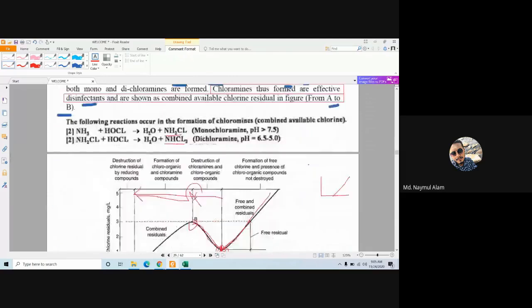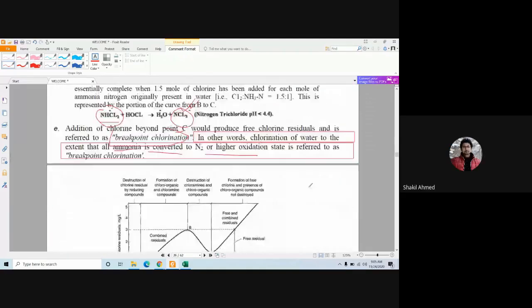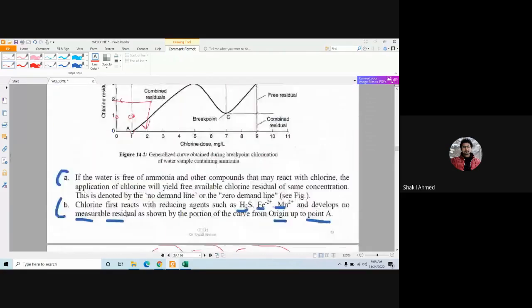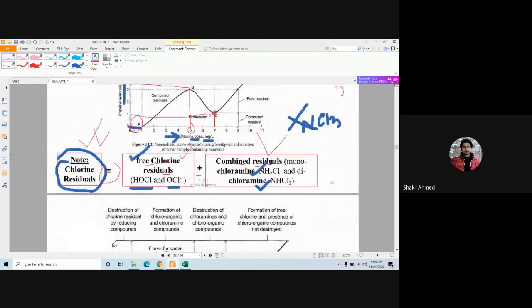So what I was trying to explain here is you have disinfectant as both chlorine residual and combined residuals. The hypochlorous acid and hypochlorite ion, as well as the monochloramine and dichloramine, act as disinfectant.